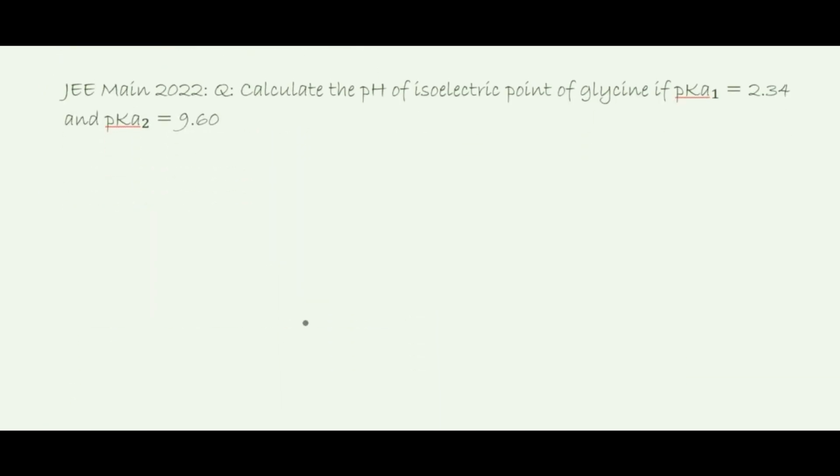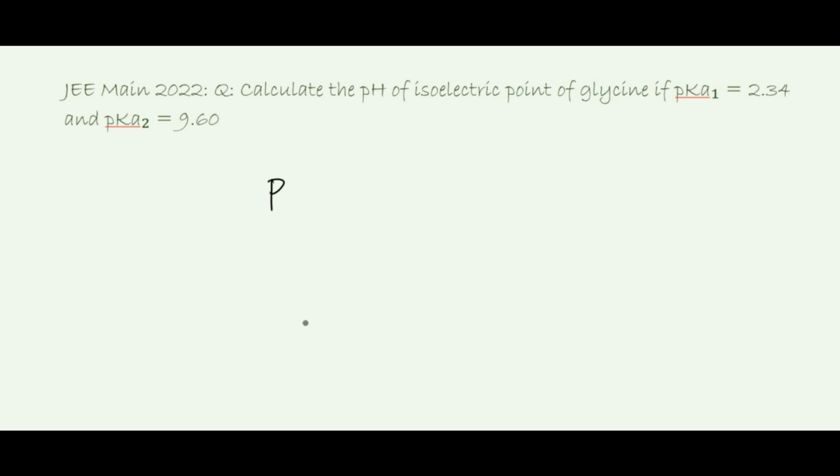Then this type of question about zwitterion or isoelectric point. Very simple question. Listen to this. Calculate the pH of the isoelectric point of glycine if pK1 is equal to 2.34 and pK2 is equal to 9.60. So what is the answer to this question?